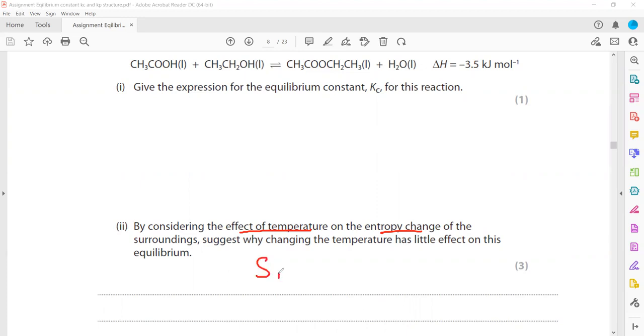So the total entropy of the reaction is given by the entropy of the system, which is constant because it depends on the reactant and the product, plus the entropy of the surrounding.